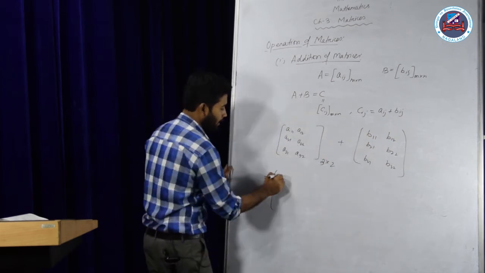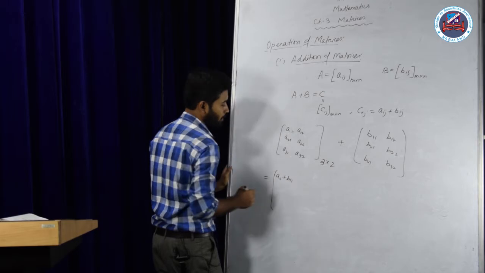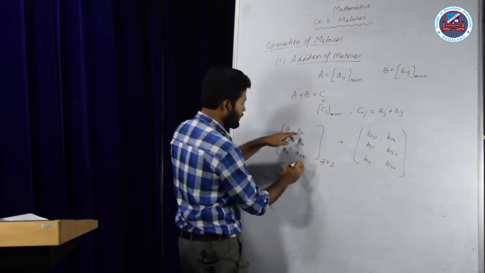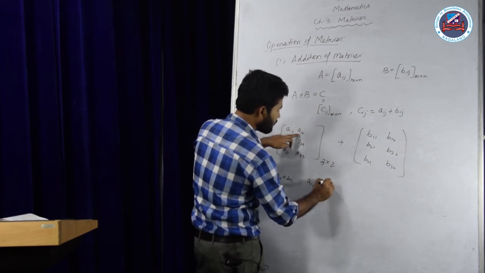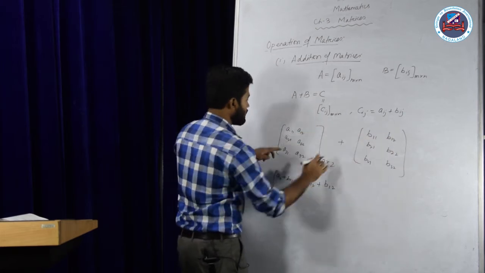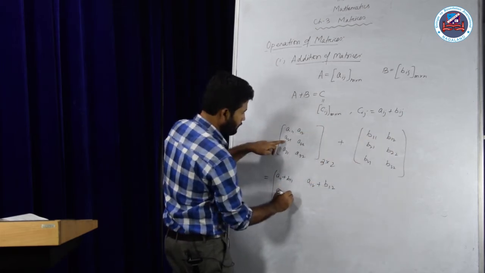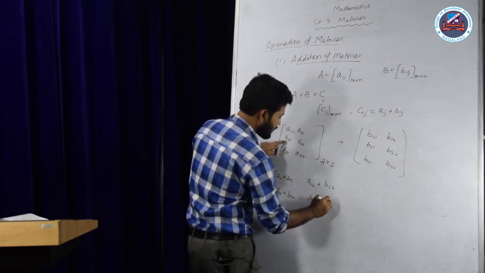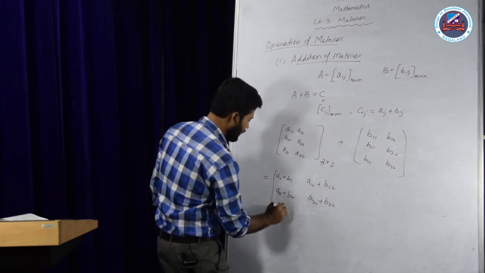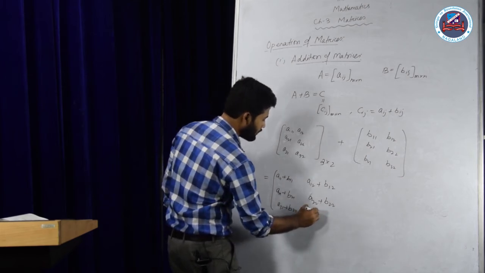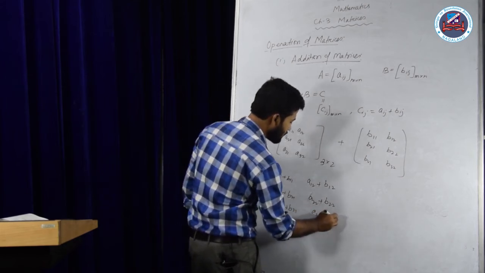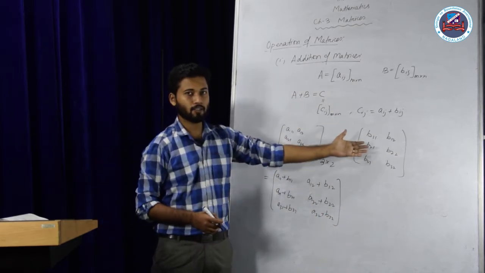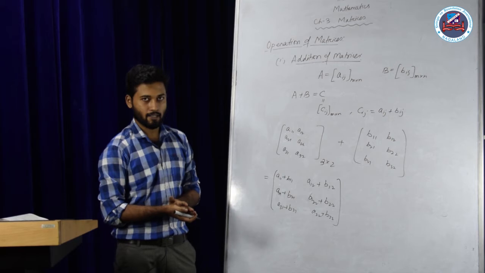That means A11 plus B11. This will give us the first element of the new matrix. Then A12 plus B12, this plus this. Then A21 plus B21, A22 plus B22, A31 plus B31, A32 plus B32. So it's very easy. We just need to add the corresponding elements of the two given matrices.